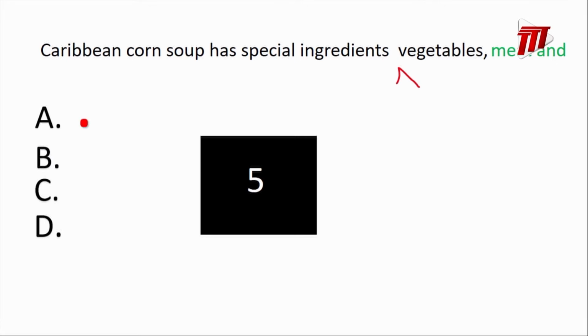Is it a full stop? Could it be a full stop? Is the word after starting with a capital letter? Is it an exclamation mark? Are we shouting something out to someone? Is it a comma? Is it separating words in a list? No. Is it a colon, you think?